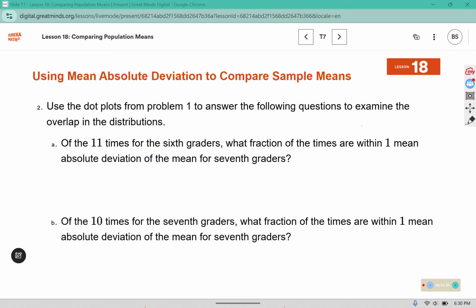Then it says, use the dot plots from problem 1 to answer the following questions to examine the overlap in the distributions. Of the 11 times for the 6th graders, what fraction of the times are within one mean absolute deviation of the mean for 7th graders?